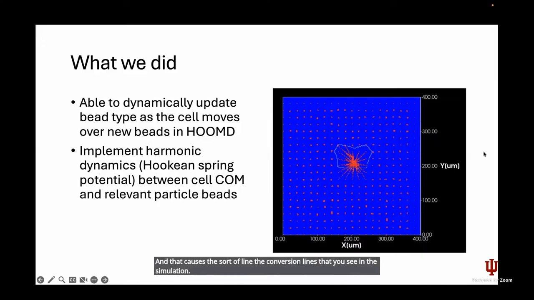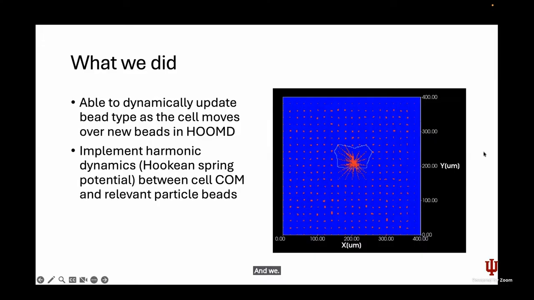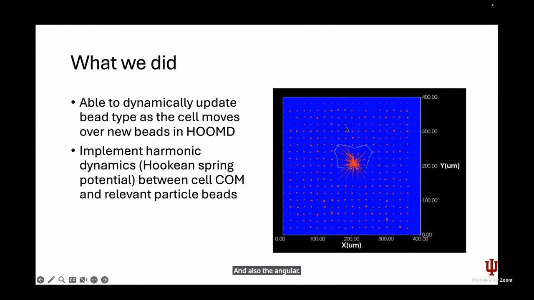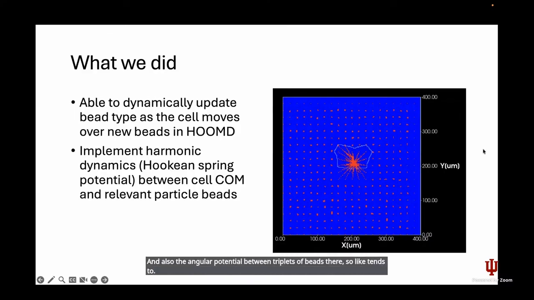And we also set up the other elastic potentials that are described in the 2025 article, namely the linear, geometrically linear potentials between the different beads, and also the angular potential between triplets of beads that tends to make the fibers want to straighten out.